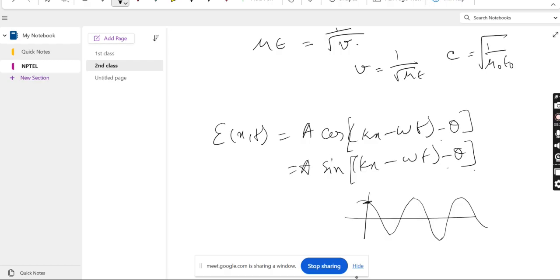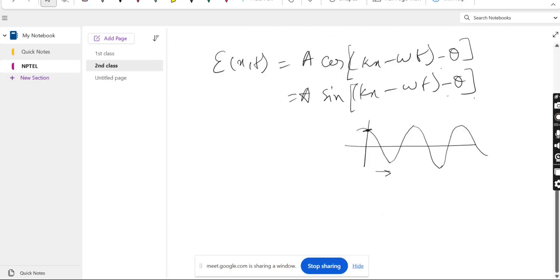But if it is displaced by some phase theta, this curve will be moved. And also if that cos curve is moved by pi by 2, we can get the sine curve.